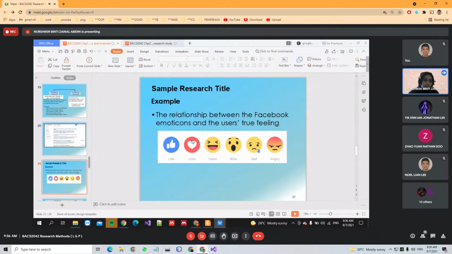This is another example of research: the relationship between Facebook emotions and true feeling. This is another simple research title, the relationship between Facebook emotions and the user's true feeling. So this research wants to study the relationship between Facebook emotions and the user's true feeling.